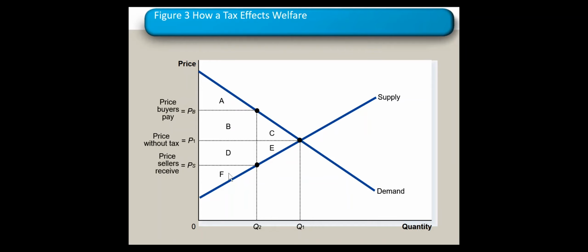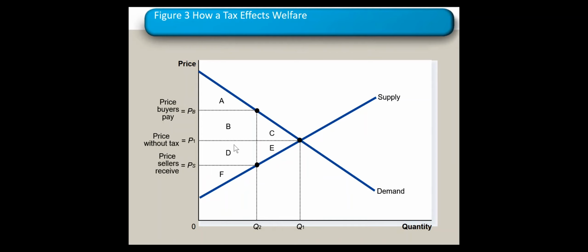Let's apply the same concept to producer surplus. Without tax, the producer surplus was the area above the supply curve and beneath the price. So it was D, E, F altogether. Now with the tax, it's the area above the supply curve and below the price received by sellers, PS. So it's just F. So we're losing D and E.